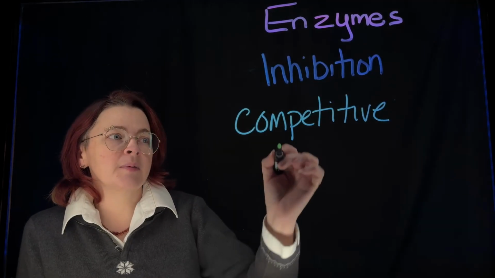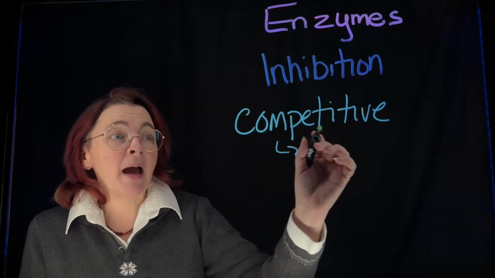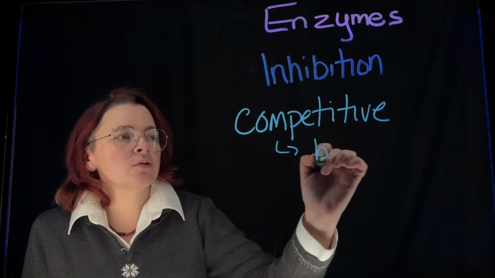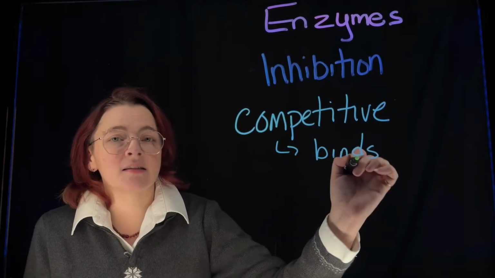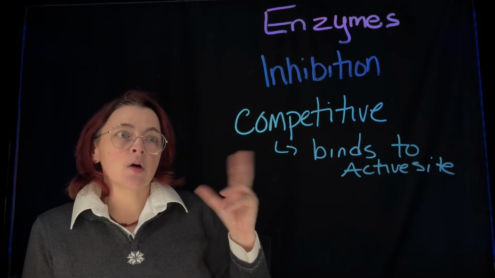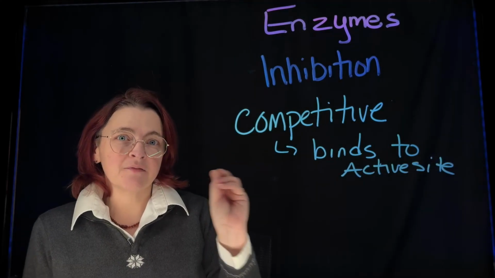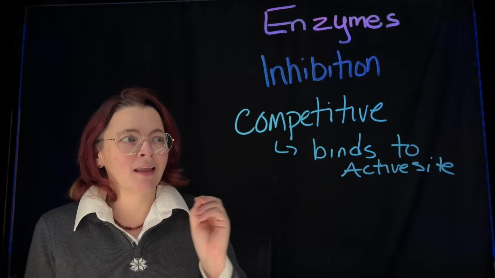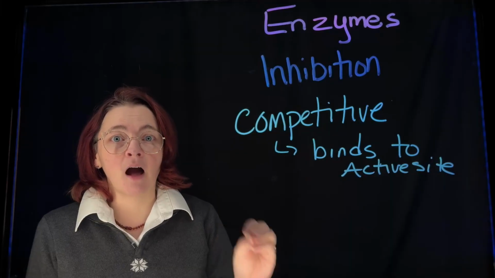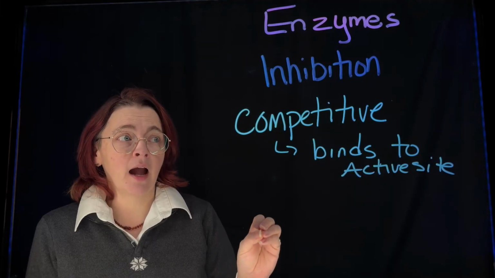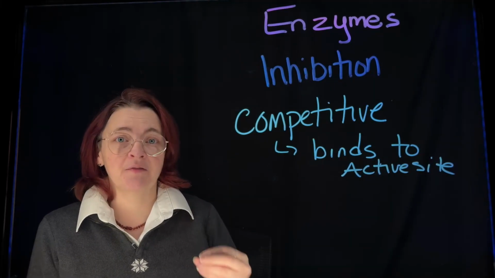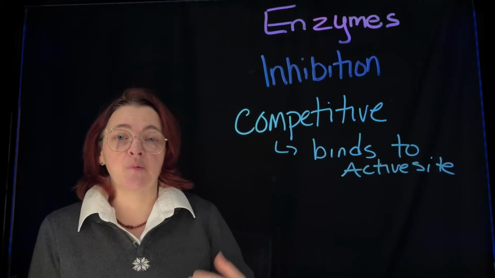In competitive inhibition, the competitor binds to the active site and blocks the enzyme from working. The competitor molecule has a very similar shape to the substrate and then can bind to the active site, blocking the active site from the substrate binding, and thus the reaction won't happen.